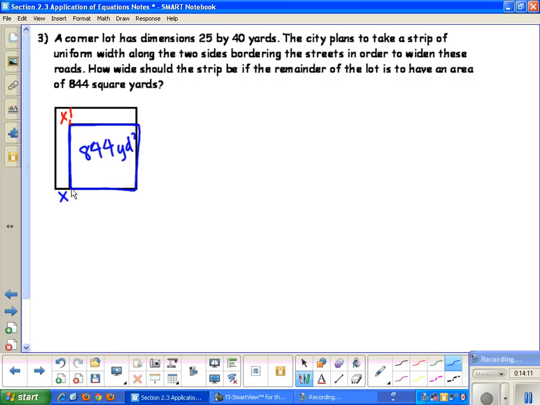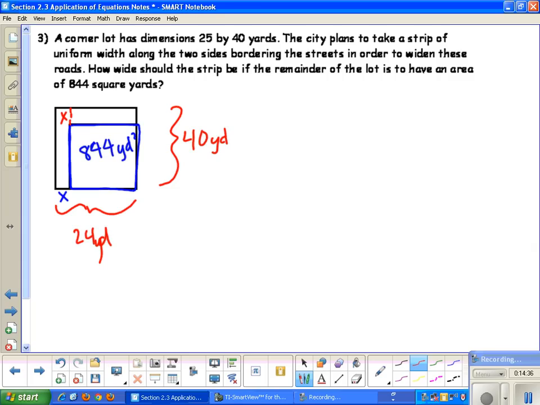So in this case, when we're solving this, remember that if I want to start with a bigger square, it said that it had dimensions 25 by 40. So in this case, let's say that this side right here, the big side, was 24, and this big side here, we'll say is 40, so that would be yards, of course.